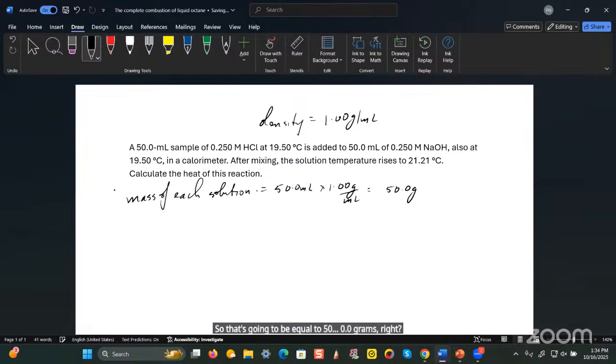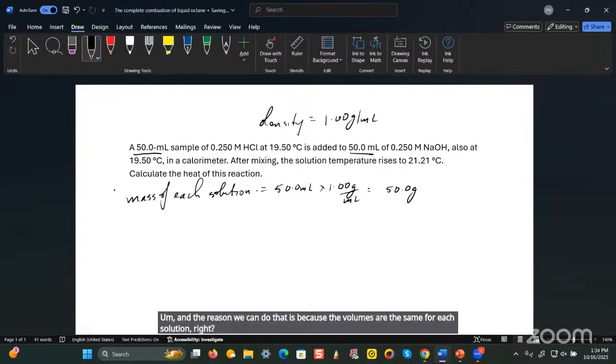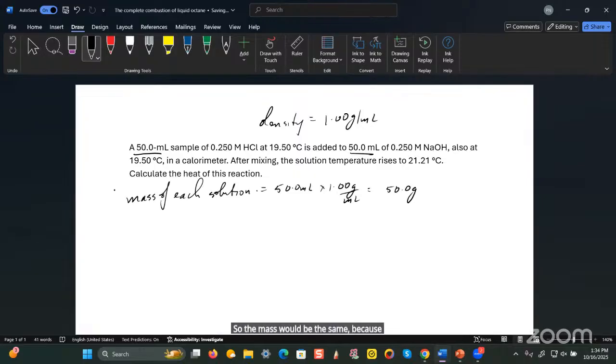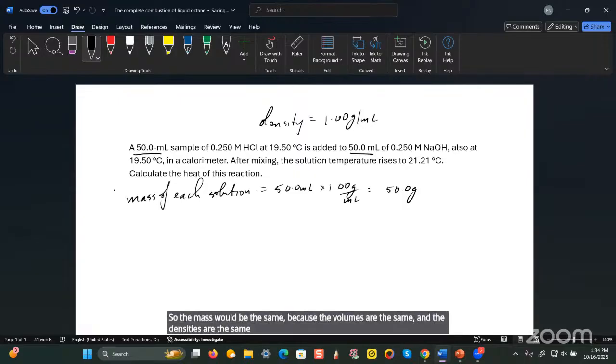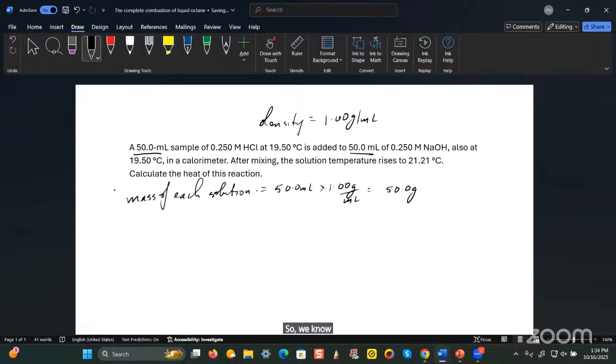The reason we can do that is because the volumes are the same for each solution, so the mass will be the same because the volumes are the same and the densities are the same. So we know that we're working with 50.0 grams of solution each, and the total mass upon mixing would be equal to 50 plus 50, which would be equal to 100.0 grams.